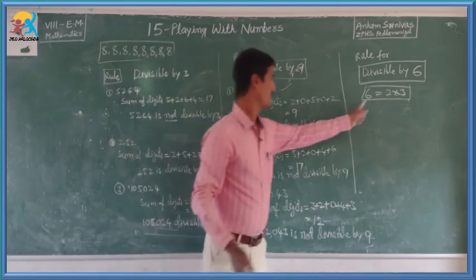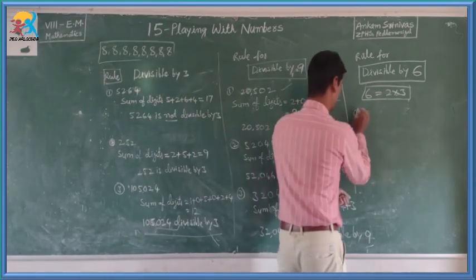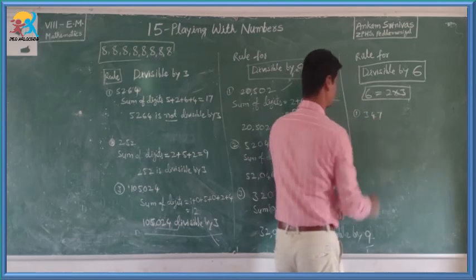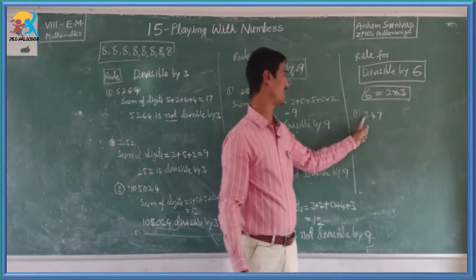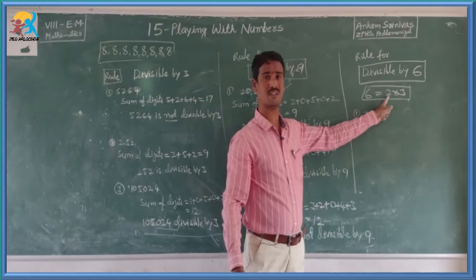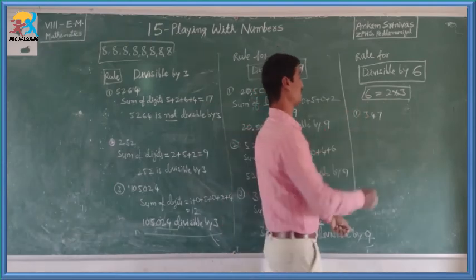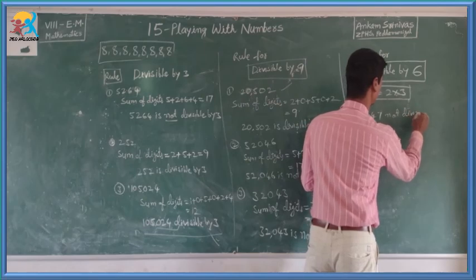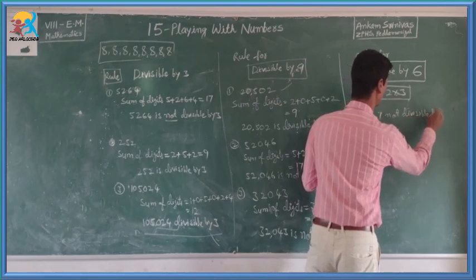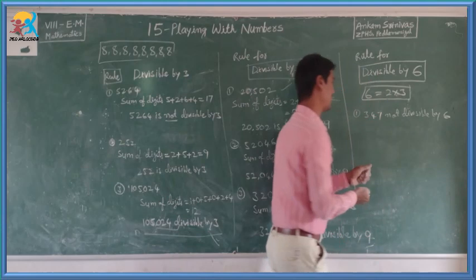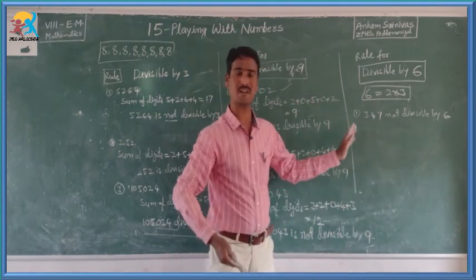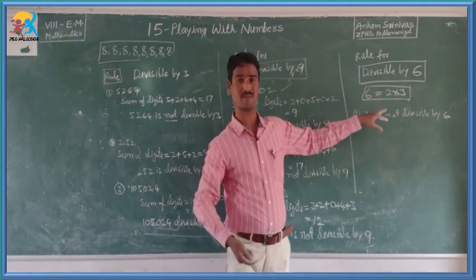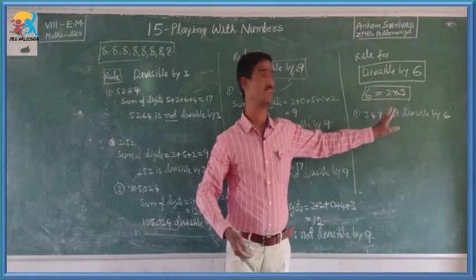Here, 347 is not divisible by 2. So this is also not divisible by 6, because if a number is divisible by both 2 and 3, then that number is divisible by 6.